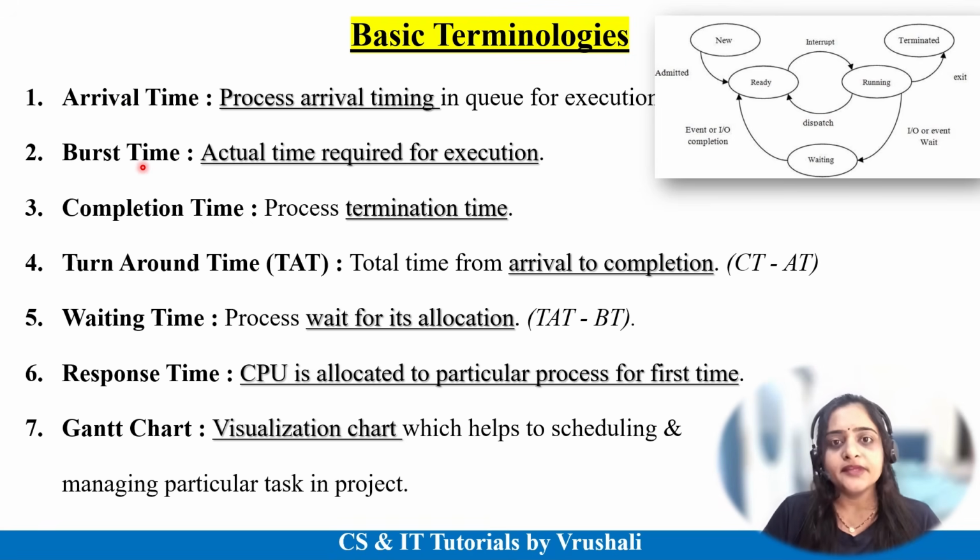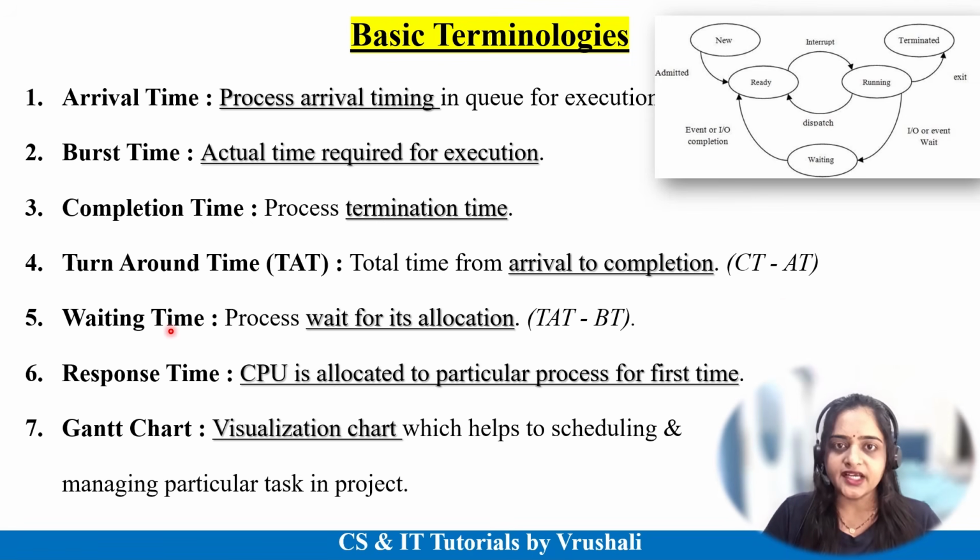Burst time means the actual time required for the execution of a particular process. Completion time: after execution, your process goes to the terminated state, which is called the completion time of the process. Turnaround time means total time from arrival to completion, and the formula is completion time minus arrival time.